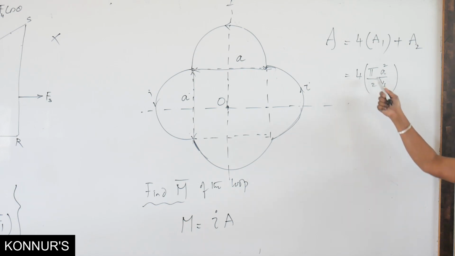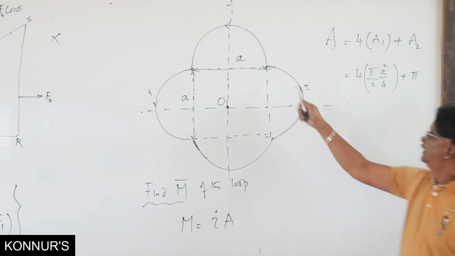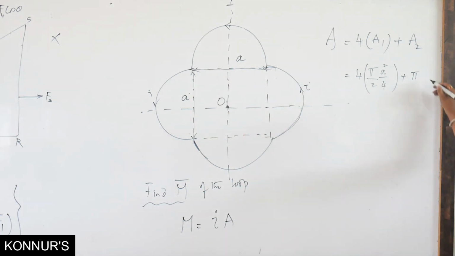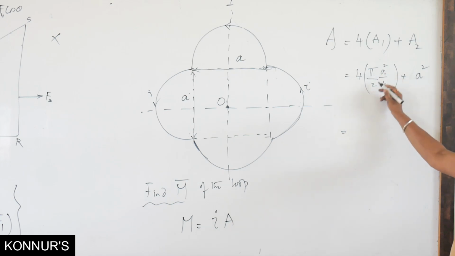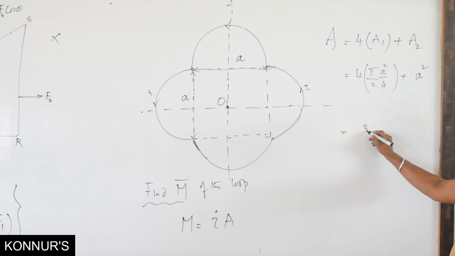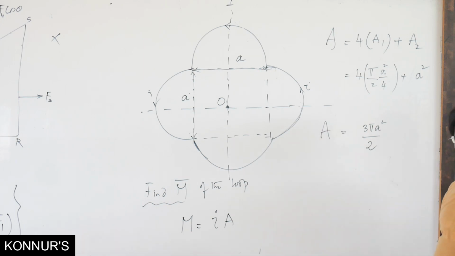Such 4 parts are there, into 4. Next one is the square of side a, so area a squared. So what is the answer? This is pi a squared by 2 plus a squared. Hmm, this is 3 pi a squared by 2. See, now if I am writing this as a magnitude, it is 3 pi a squared by 2.